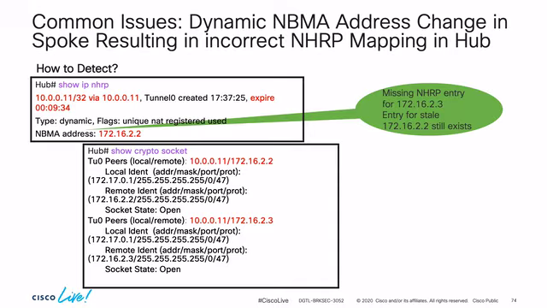In the first case, we have the NBMA address as 172.16.2.2, and in the second entry, we see the NBMA address as 172.16.2.3, which is the current NBMA address which has been assigned to that spoke. So this very clearly indicates that the new entry is actually missing.